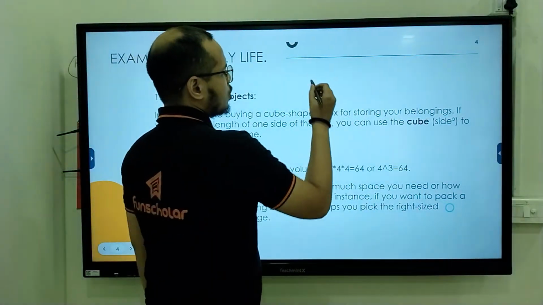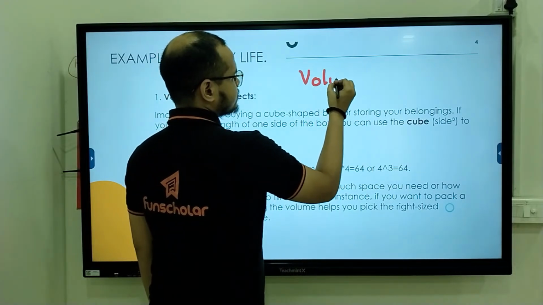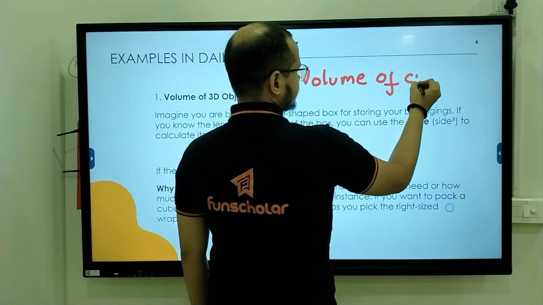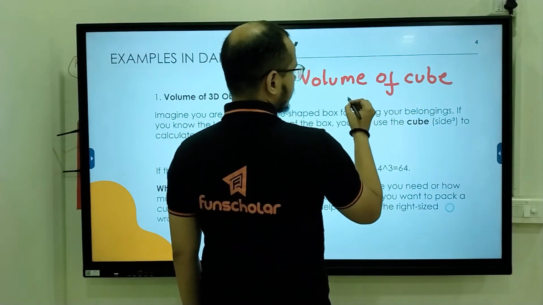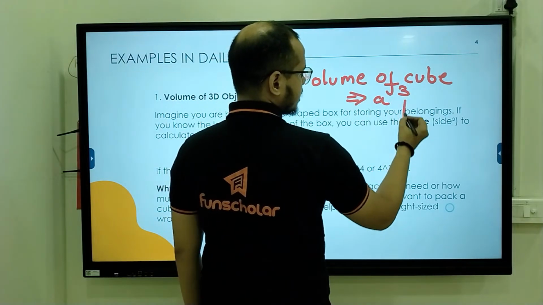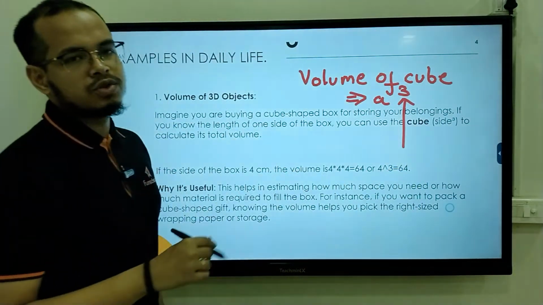Like we all know what is the volume of a cube. Volume of a cube is nothing but a cube, right? So this cube that is stated here is nothing but a raised to the power 3.